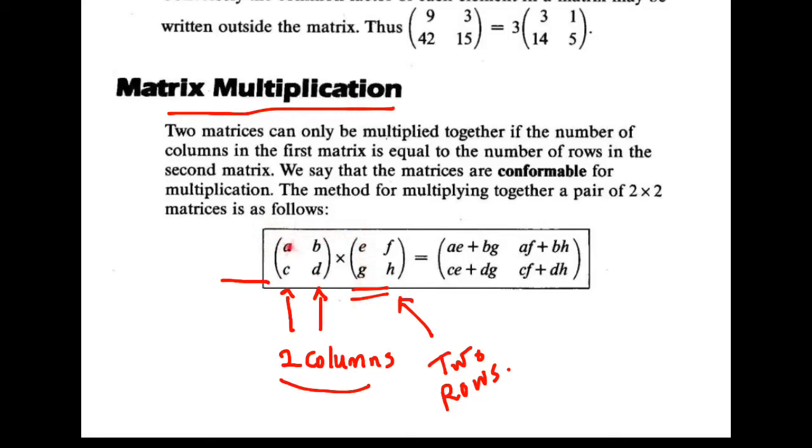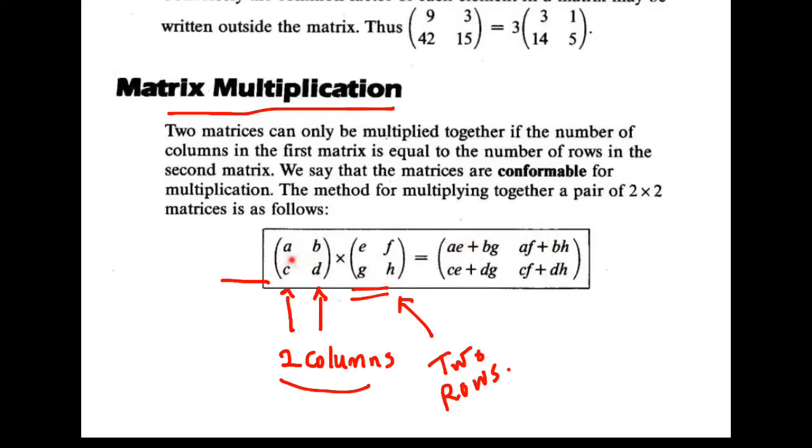And the way we multiply, we go that way and that way. So the A times the E, and then the B times the G, you add them together, and then you multiply the first row with the second column here. So the A times the F plus the B times the H, and that will give you this value here.